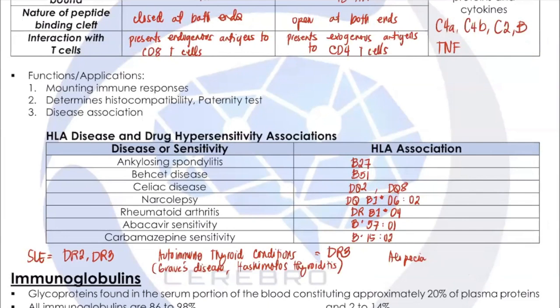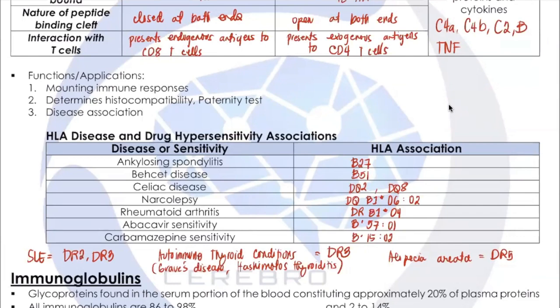Alopecia areata, HLA-DR5. So far, that's it for our human leukocyte antigen.